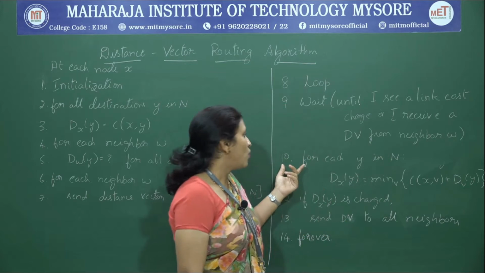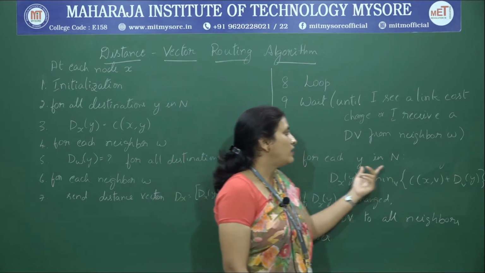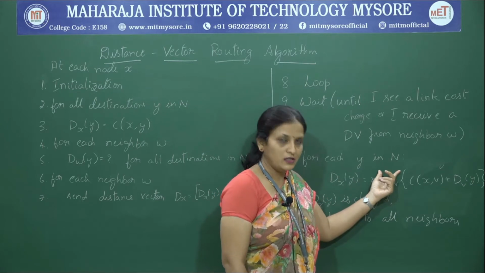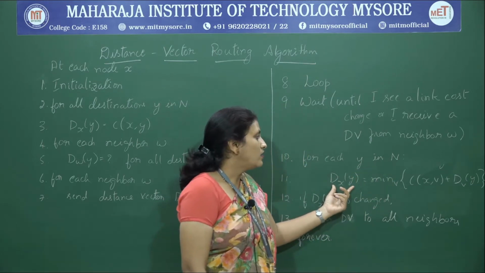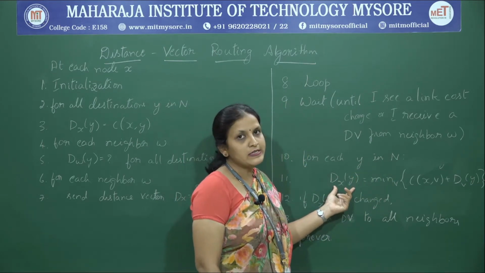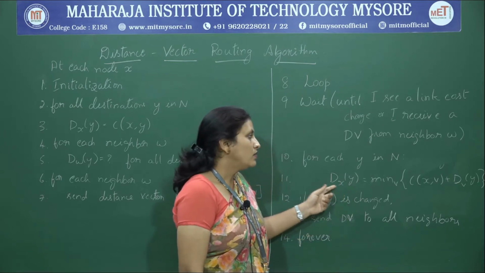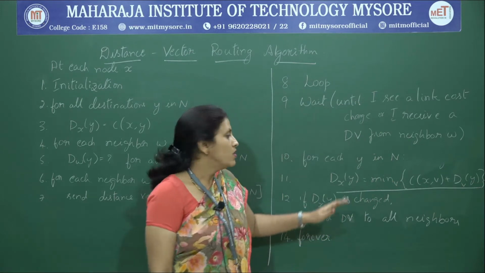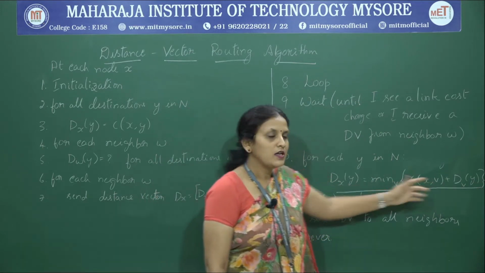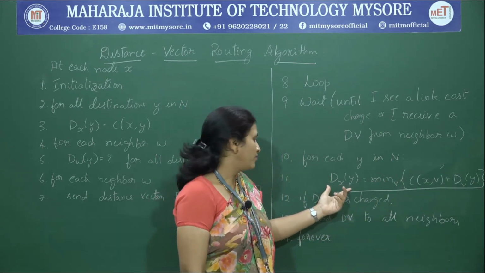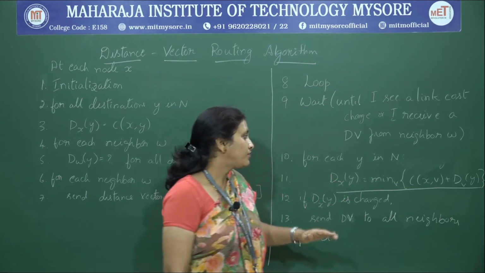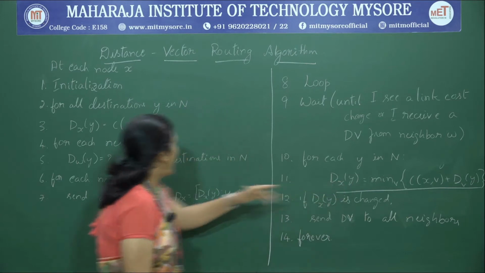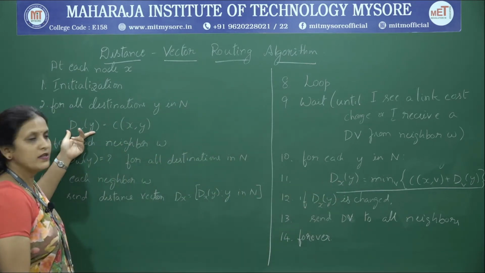for each y in N, meaning each router present in the network, it calculates the value for the distance vector using the Bellman-Ford equation. We already had d x of y here, right?